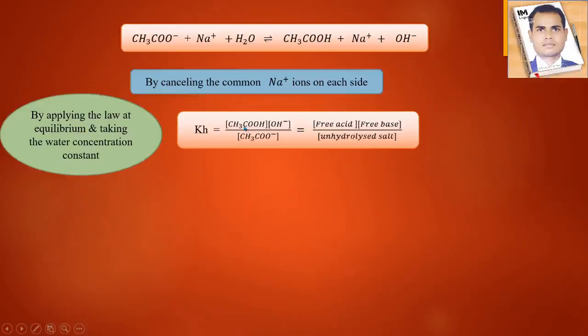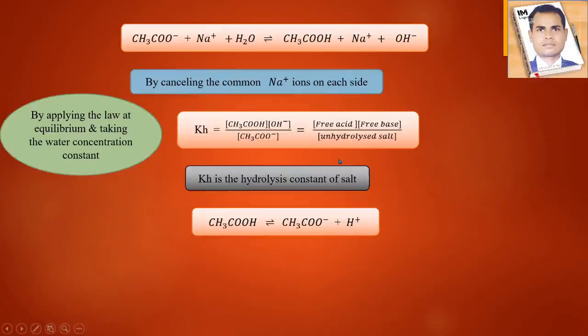Acetic acid and OH minus come from the water, and the acetate is the unhydrolyzed salt. So in this term, KH is the hydrolysis constant of the salt.